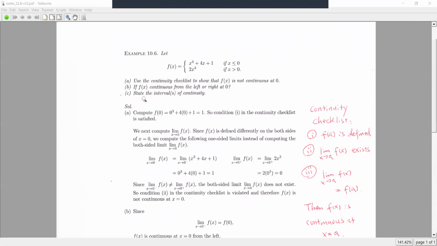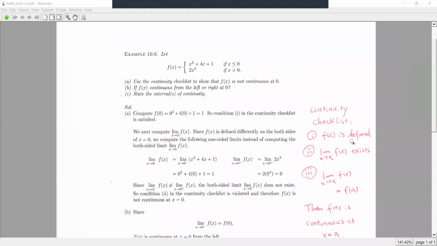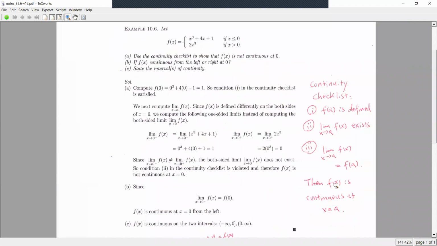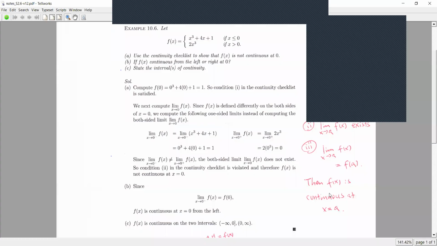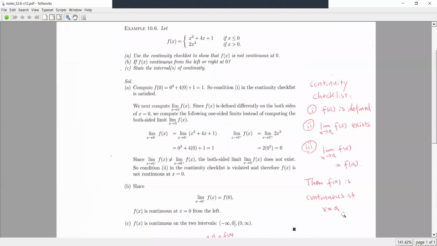C. State the intervals of continuity. Here is the continuity checklist. If these 3 conditions are satisfied, then the function f is continuous at point a. The point a in this example is 0.